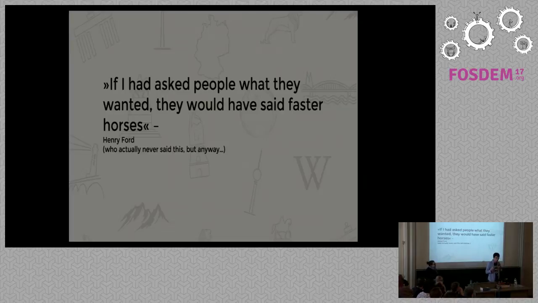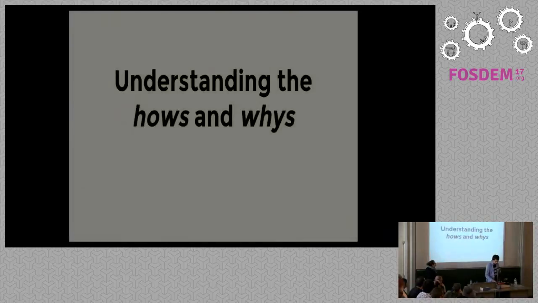And having an understanding of your users, of their activities, motivations, problems, is very important to build a coherent product that is not just a collection of features, but a thing that fits together. So we want to understand the how and why of the user's work. And that is a very important point. During the course of the talk, it will be about how we can do that and how we can do that together with the team.